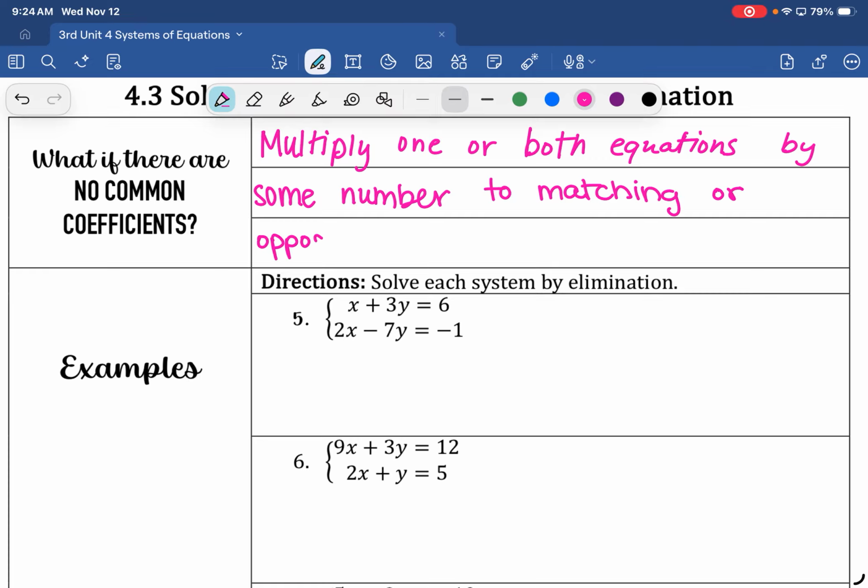And when it says opposite coefficients, that just means opposite signs.